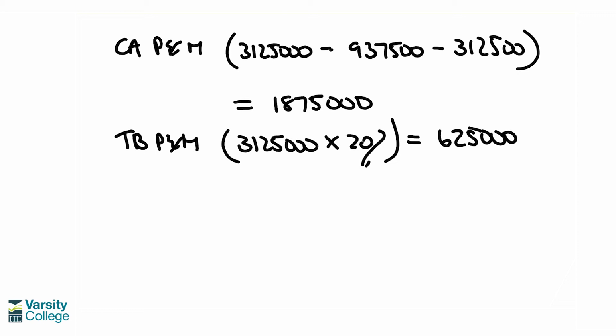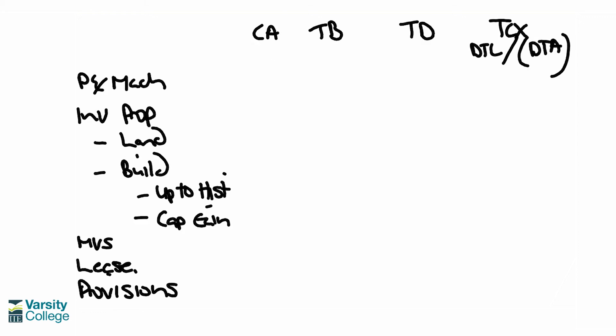Why 20%? We're in the fourth year of the use of this asset, therefore only 20% of the tax base is still left. We've already deducted the balance of 80%. So the easiest way to calculate it is just to say what's left. 3125 times 20% equals 625,000. We've got both of those figures.